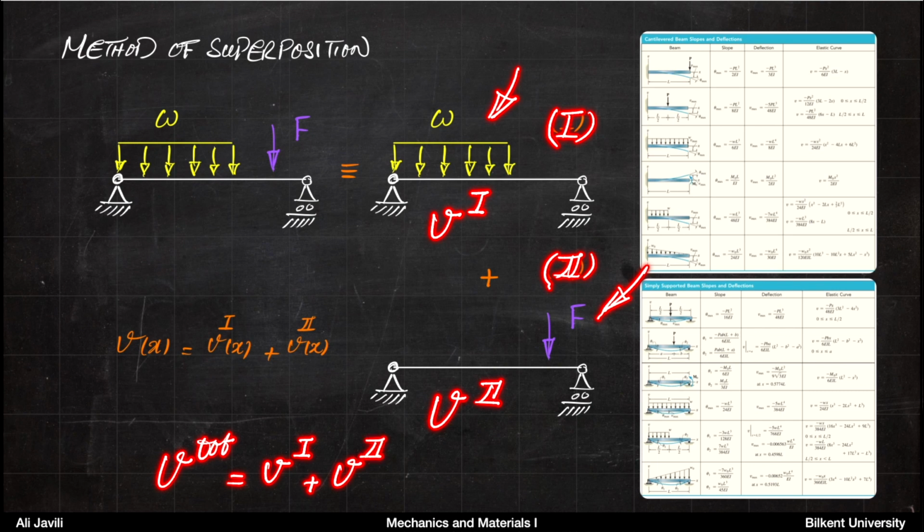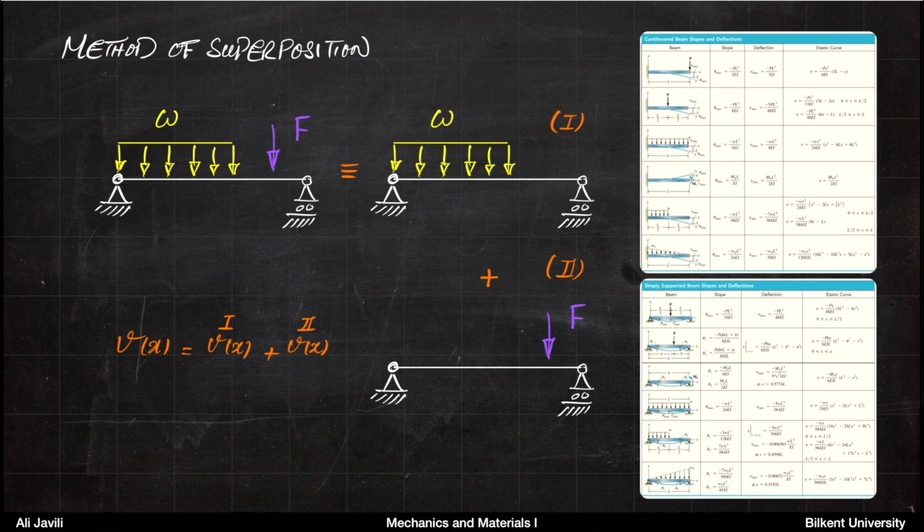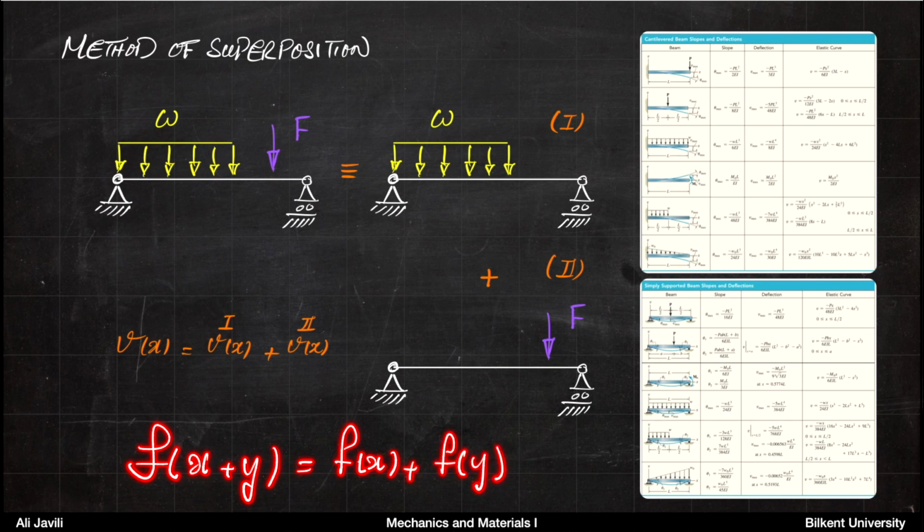Now, obviously, if you can do it for the deflection, you can also do it for the derivative of the deflection, which is the angle. So this is the key idea of superposition. Basically, it is due to the linearity property, and if you remember, linearity means that, for instance, f of x plus y is the same as f of x plus f of y, and the other property is that f of a times x is a times f of x.